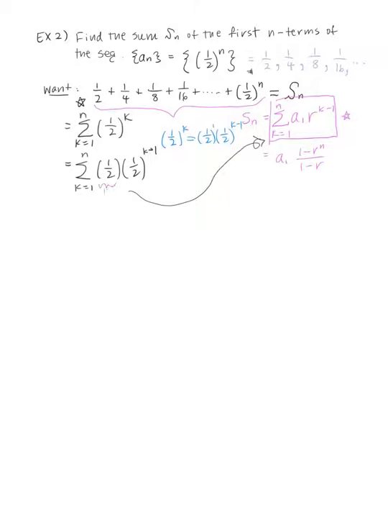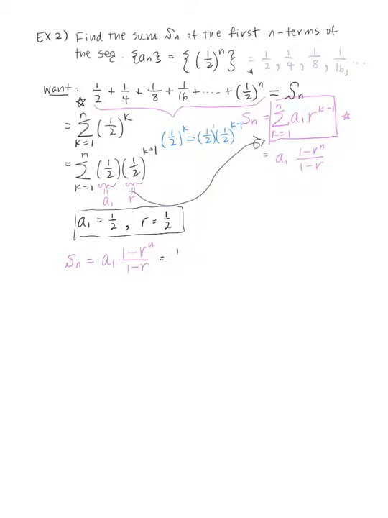So this guy plays the role of a sub 1, and whatever has an exponent attached to it will be your r. In this case, your a sub 1 and r are exactly the same. But anyway, let me just write it out. A sub 1 is 1/2, and our r is 1/2. So therefore, S sub n, the formula for that is a sub 1 times 1 minus r to the n over 1 minus r.